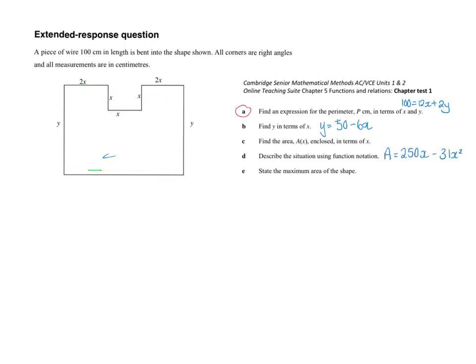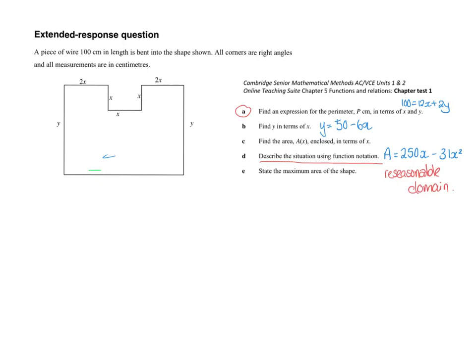Okay, because they want us to describe the situation in function notation, we do want to try and find a reasonable domain, or the implied domain for this one. So let's do a rough sketch of what's happening here.